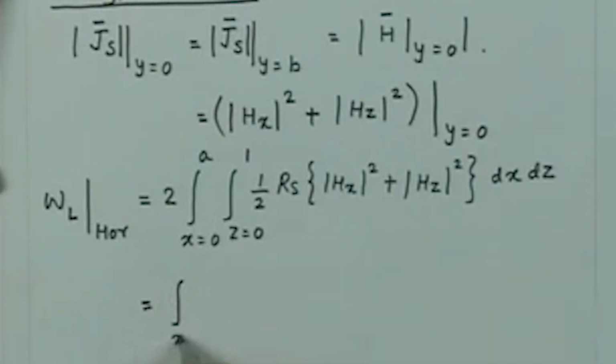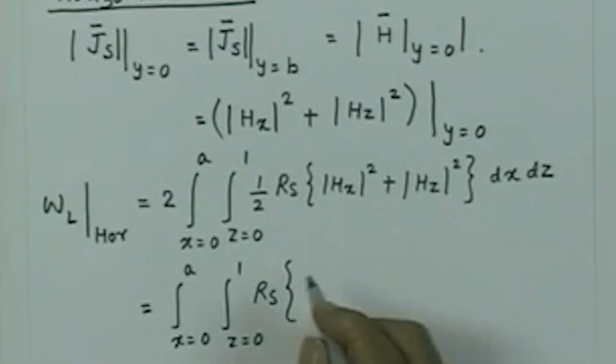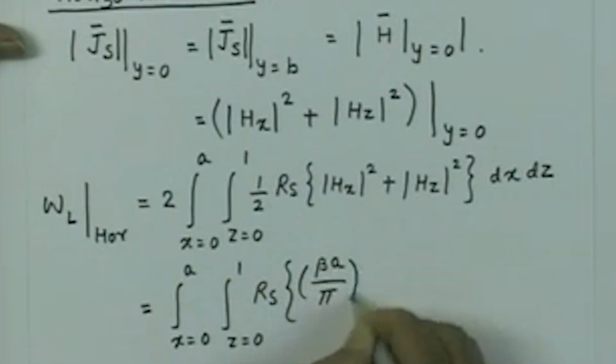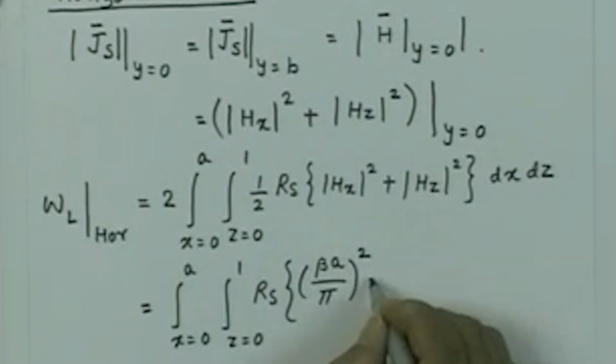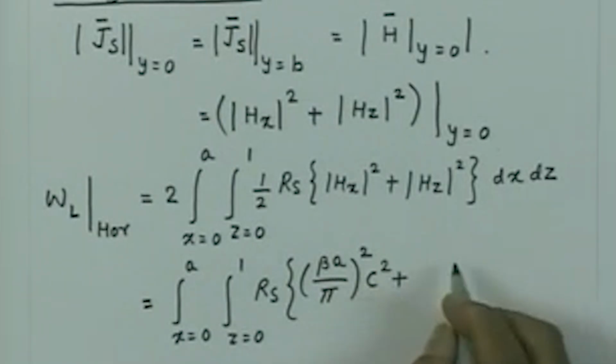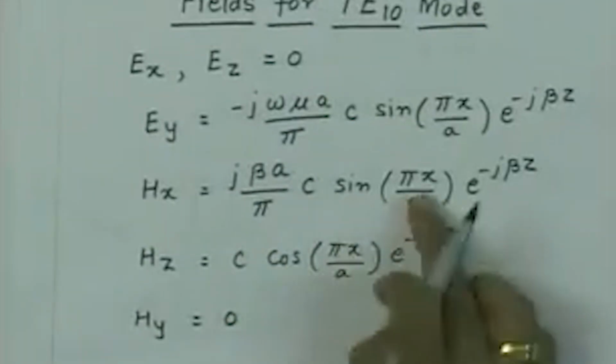Half will cancel with 2. So, this will be x equal to 0 to a, z equal to 0 to 1, Rs, (beta a upon pi) whole square, |C|^2 plus |C|^2. This term will be having a variation which is sine of pi x by a.